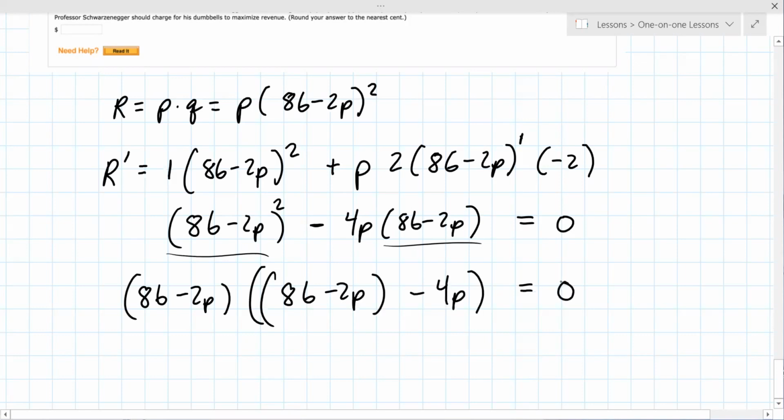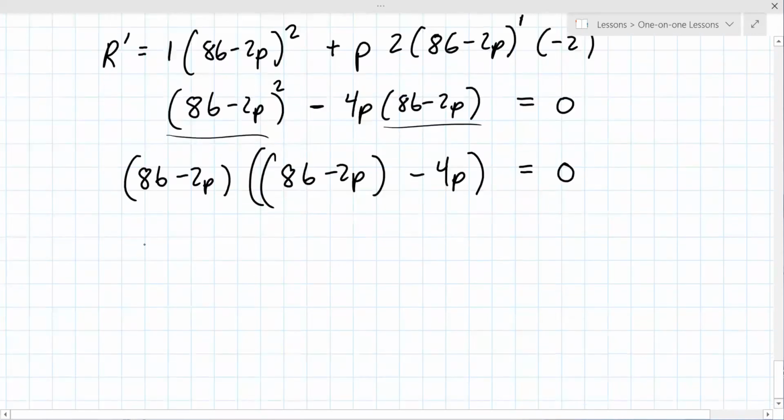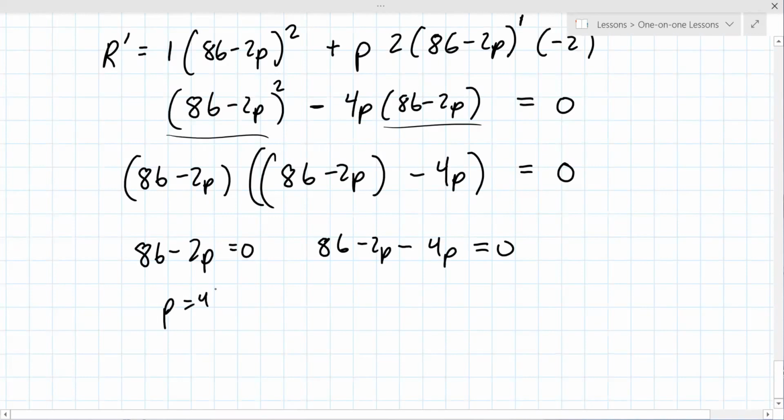You set this equal to 0, so these both get set equal to 0. 86 minus 2p equals 0, and the other factor, 86 minus 2p minus 4p, equals 0. When you solve the first one, p is 43.